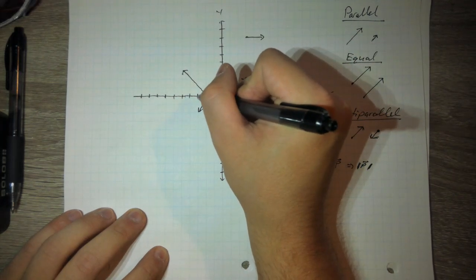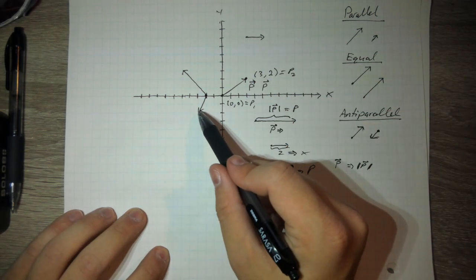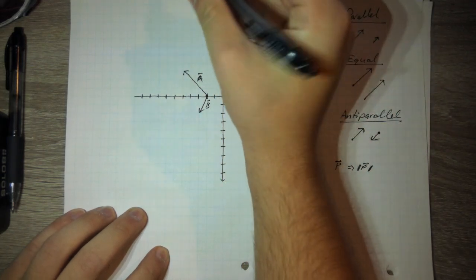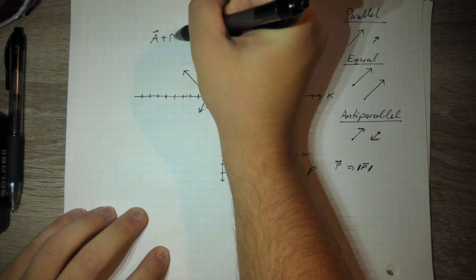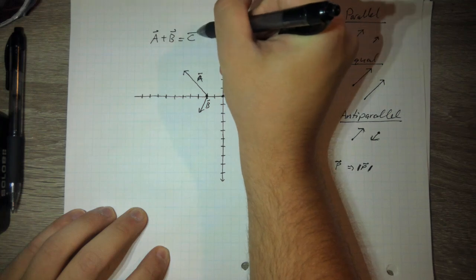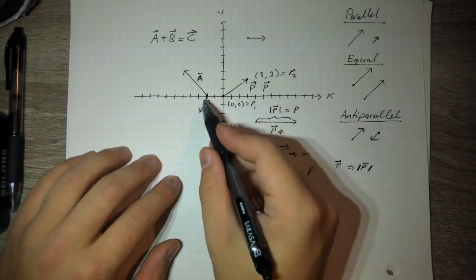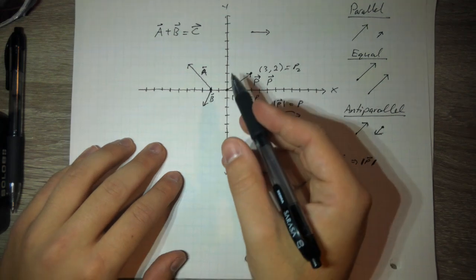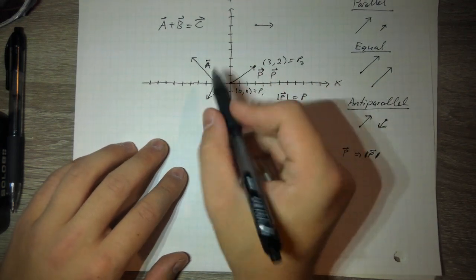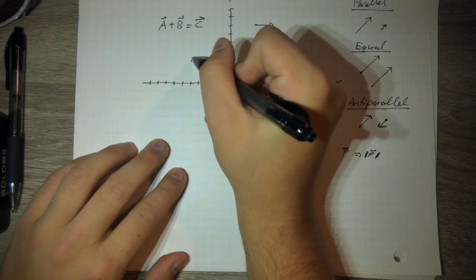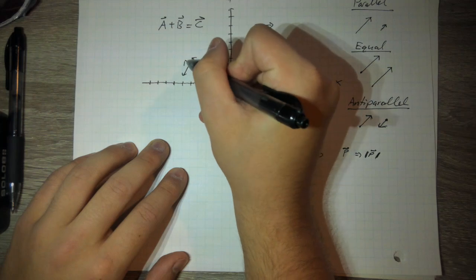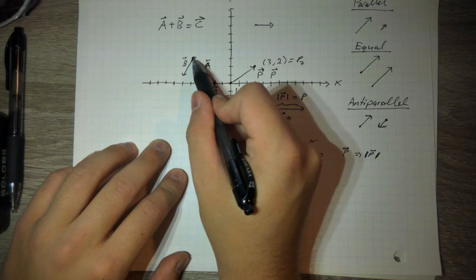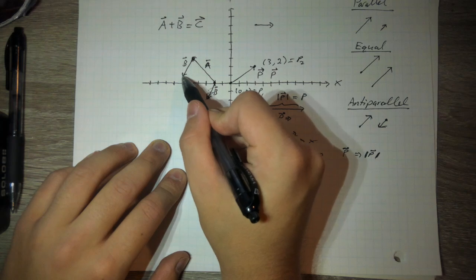The way we do it, an easy way to visualize it, is we'll call this vector capital A and capital B, and we want to find A plus B equals, let's call it C. An easy way to do this is whenever you have more than one vector, you can connect them tail to tip. So if we pretend this isn't here and we move it up here, then we have A, which connects to the tail of B, and then B, which goes down to this point here.